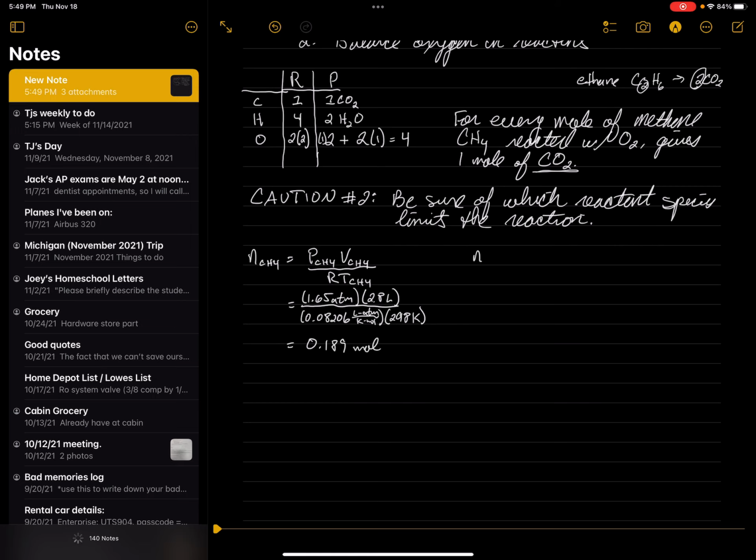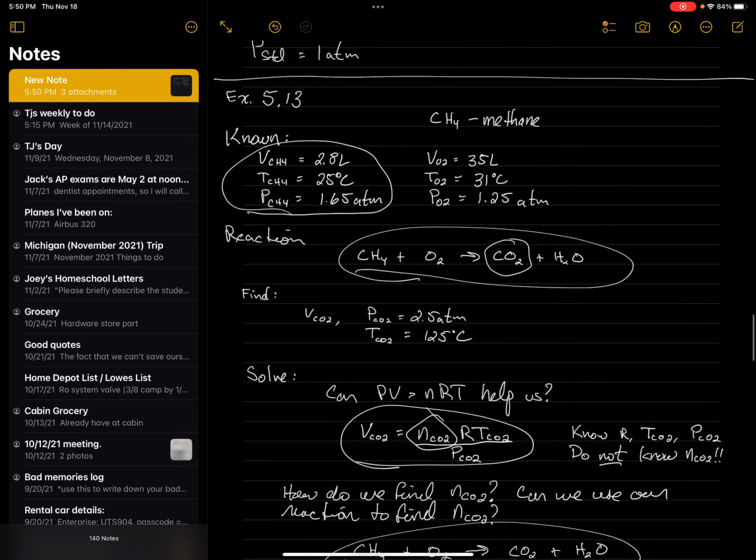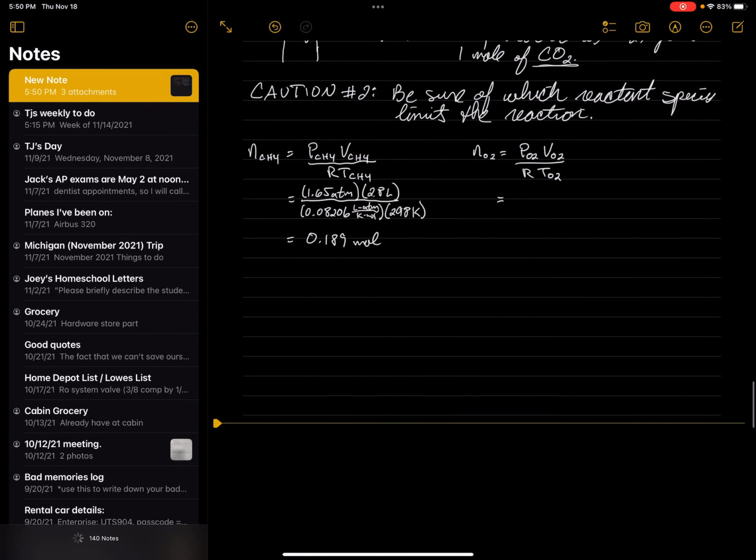Likewise, I can calculate the number of moles of oxygen. So this is the pressure of oxygen times the volume of oxygen divided by R times the temperature of oxygen. So again, using the known pieces of information we were given in the problem statement, the pressure of oxygen is 1.25 atmospheres.